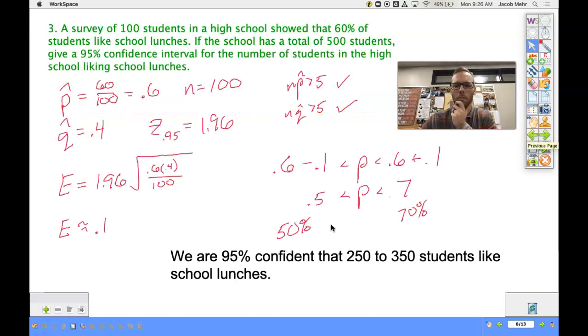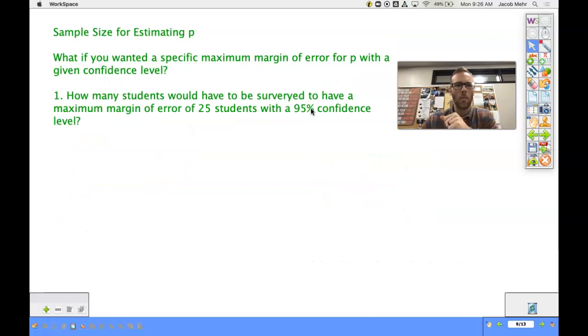So in this problem, what is our error? Our error is 10%, or in this case, 10% of 500, which is 50 students. The error is 50 students on either side of our estimate for p. But what if I wanted to survey enough students so that the margin of error was 25 students and not 50?